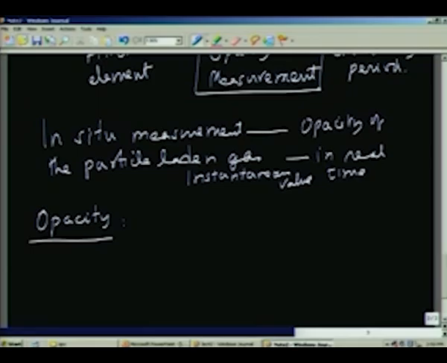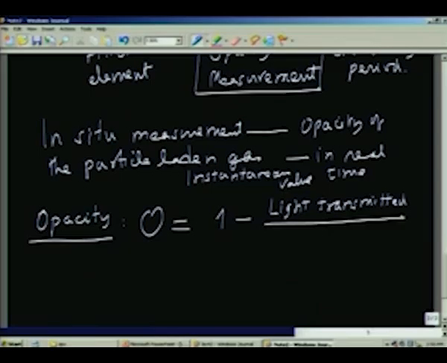Opacity is nothing but, we will call it O for lack of any other symbol, 1 minus light transmitted divided by light emitted by the source.